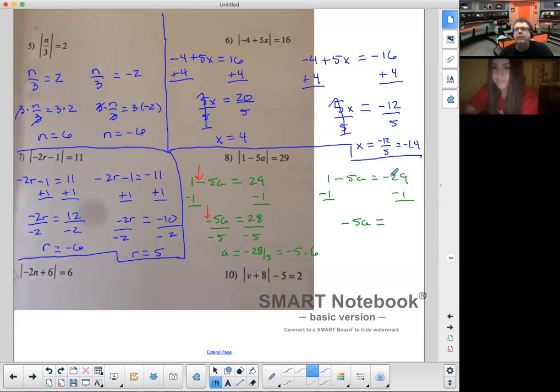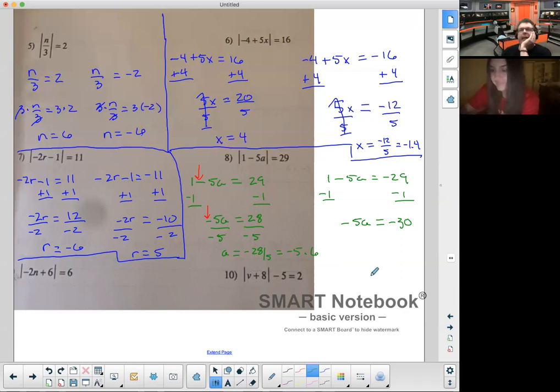It's negative 30. Think of it like this. If you're negative 29, it's like owing somebody $29, right? And then you owe them another $1, so you actually owe them $30. Okay. Or you can crank it in your calculator. Lots of people get confused with negatives. My daughter did last year as well.